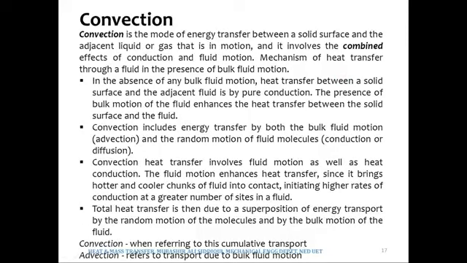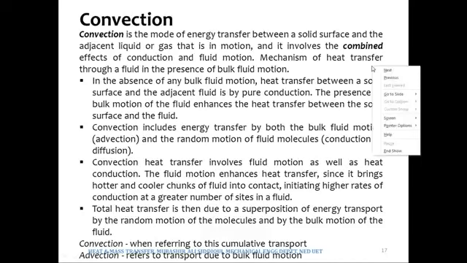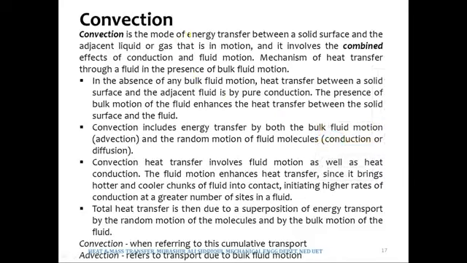Now the next mode of heat transfer, which is convection. In fact, convection takes place when a fluid flows over a solid surface, when a liquid or a gas flows over a solid surface. It is the mode of energy transfer between a solid surface and the adjacent fluid which is in motion.